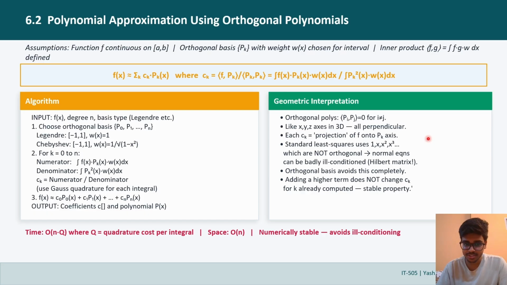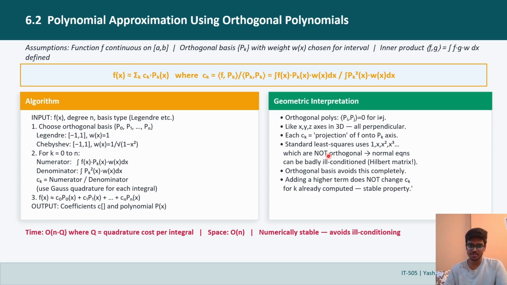Standard least squares uses the monomial basis 1, x, x squared. These are not orthogonal to each other, which causes the normal equation matrix to become extremely ill-conditioned for large n. Orthogonal basis polynomials completely avoid this problem.